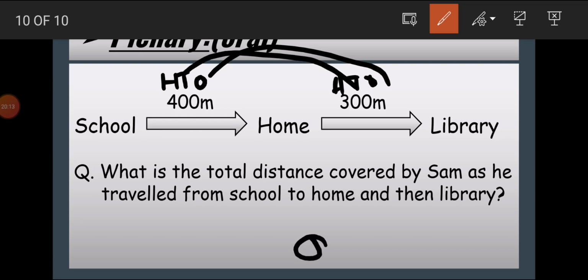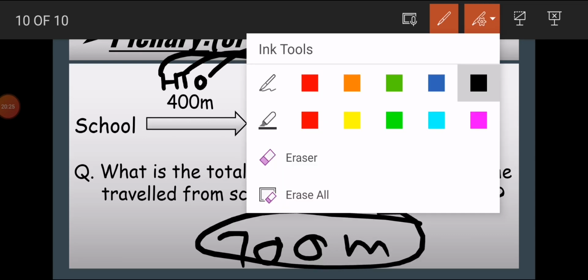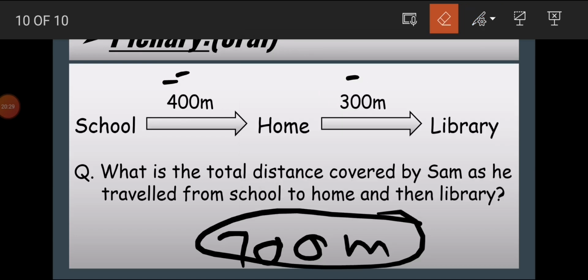Now, tens in tens, 0 tens and 0 tens, we get 0. Now, 400 and 300. 4, now count on 5, 6, 7. So, total is 700 meters. The distance covered by Sam is 700 meters from school to library in total.